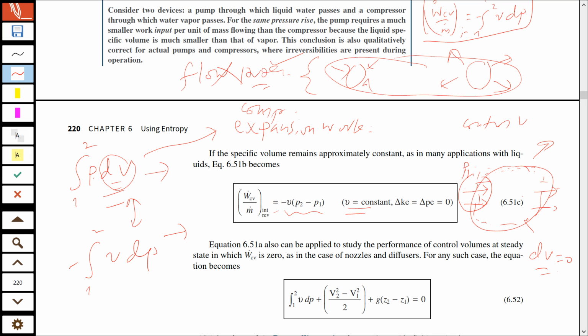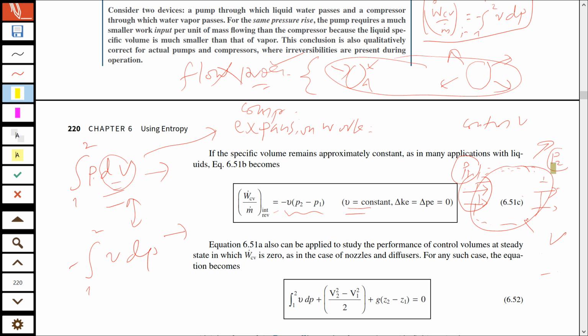So let's say you have steam entering at one pressure and leaving at another pressure. Between these two pressures, there is no change in volume. When I say there is no change in volume, I mean expansion. So there is no expansion going on.